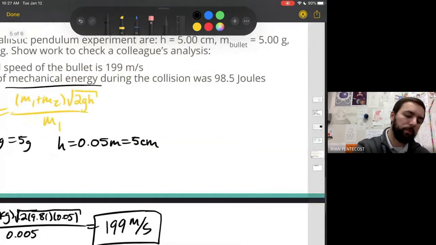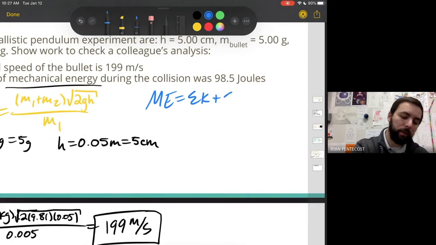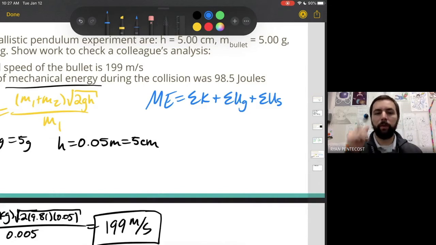First, let's talk about what is mechanical energy. So the mechanical energy of an object or of a system is the summation of all kinetic energies plus the summation of all potential energies. The only potential energies we've talked about so far in this class are gravity and springs. But if you take all the summation of those kinetics and potentials, that is the mechanical energy either of the object or of the system.